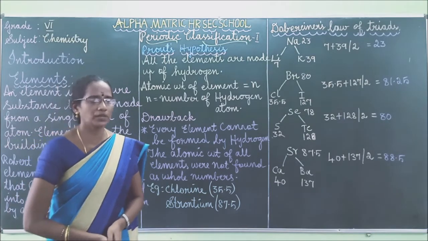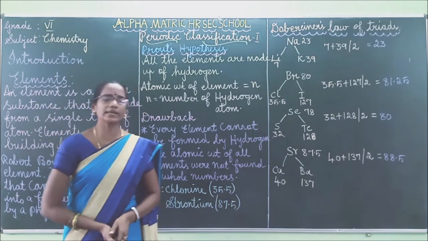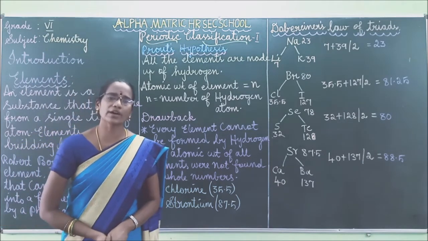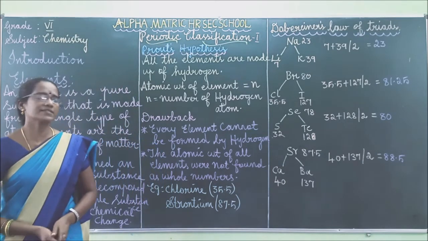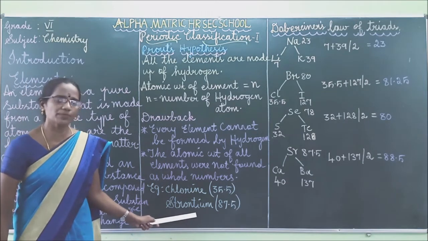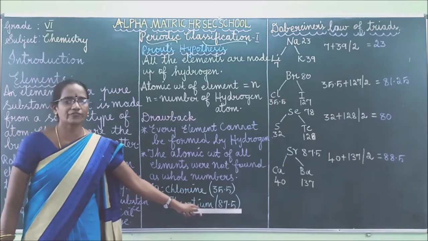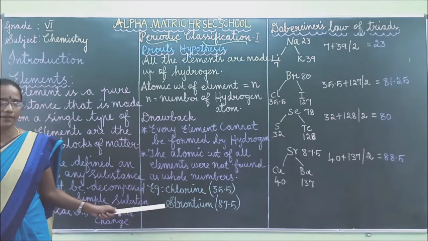For example, if you take the chlorine element, its atomic weight is 35.45. At the same time, if you take the strontium element, its atomic weight is 87.5. It is not a whole number, isn't it?